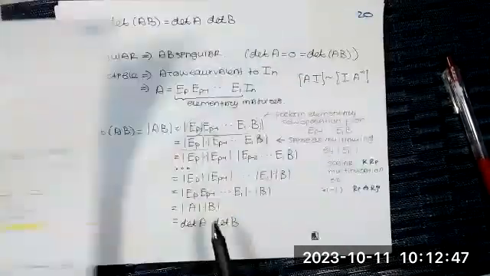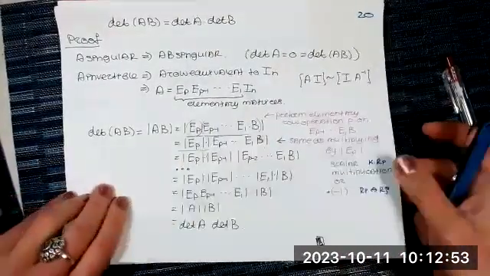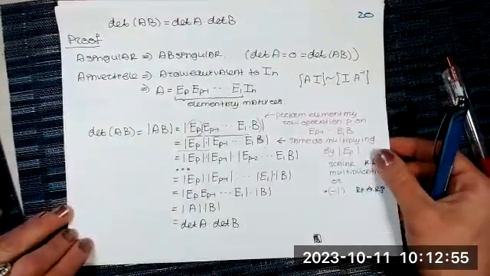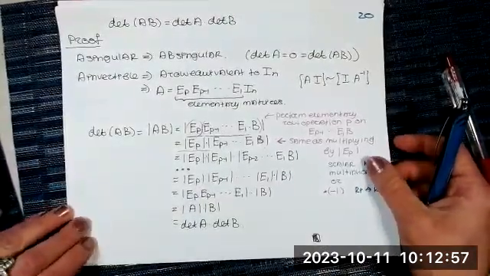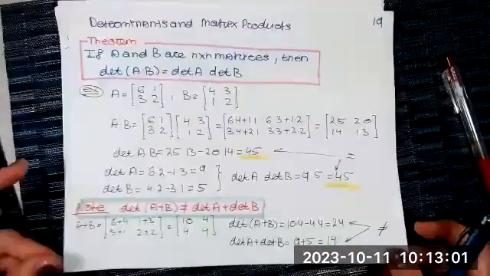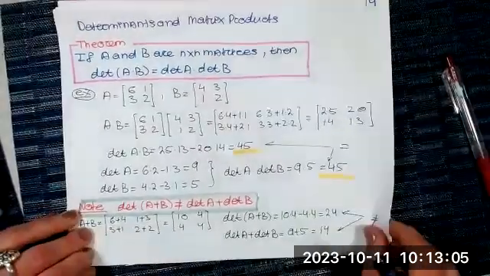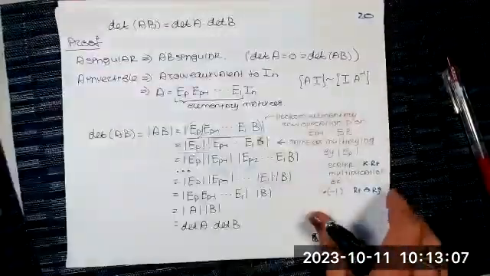But it doesn't work for addition, because with addition I definitely can't use this fact. Make sense? Any questions so far? I'm not going to ask you to prove those things, but you definitely need to remember those properties and know how to use them.